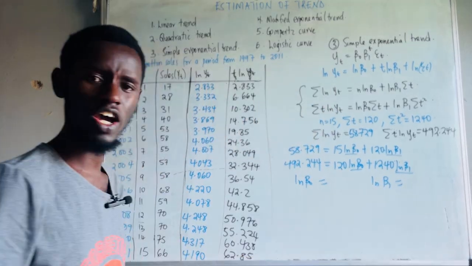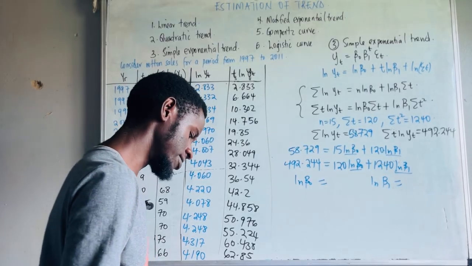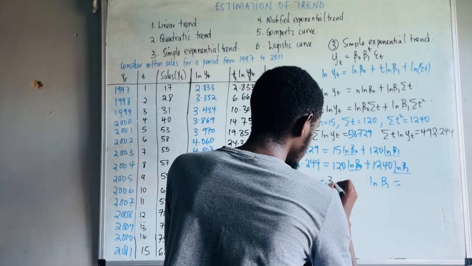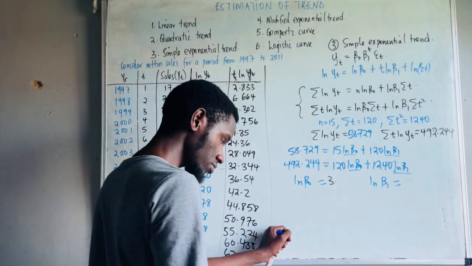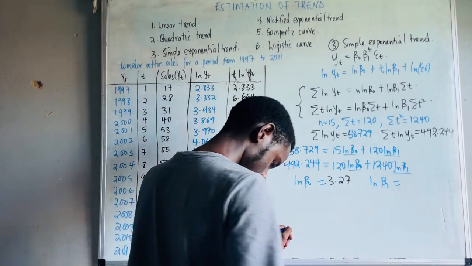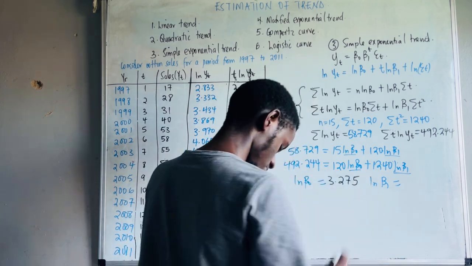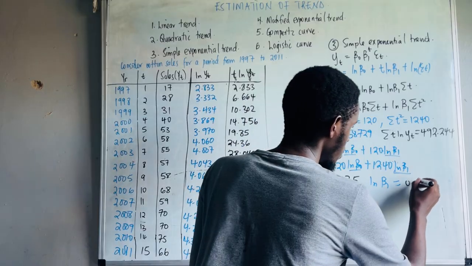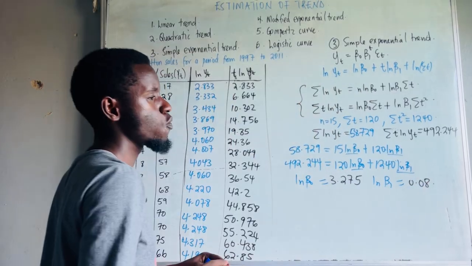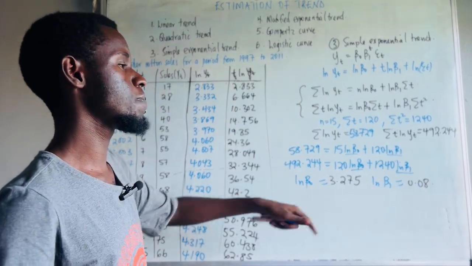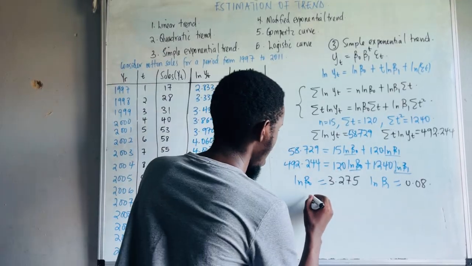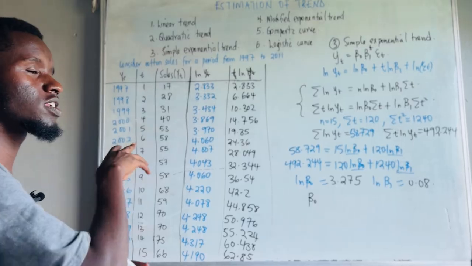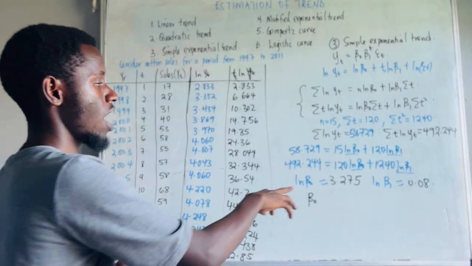Also solving this using calculator, I have my ln b naught, and our knowns are this. Our unknowns, this unknown. Solve using calculator by pressing. What's my ln? 3.275. Then I have here, but remember you need the ln b naught.